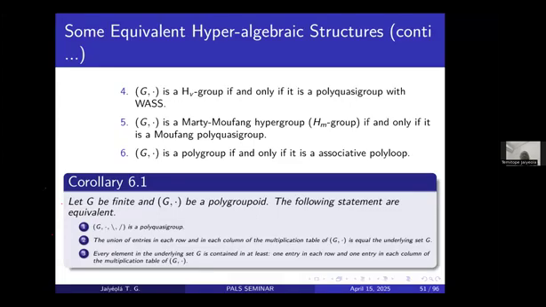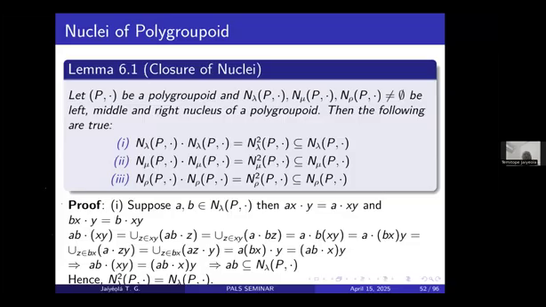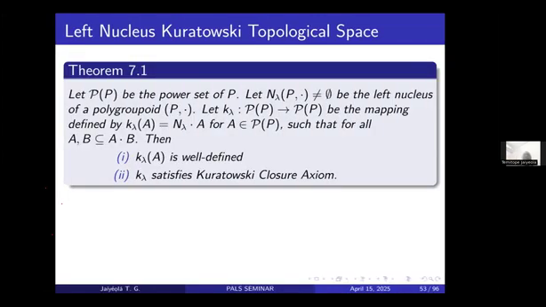So we move on now to what we call the nuclei of a polygroupoid. We have what we call the nuclei of a loop and of a quasigroup. Quasigroups and loops are not necessarily associative, but a group is a loop or a quasigroup. So here we show in this lemma that the left, middle, and right nucleus of a polygroupoid is actually closed, and we need this for the Kuratowski closure.